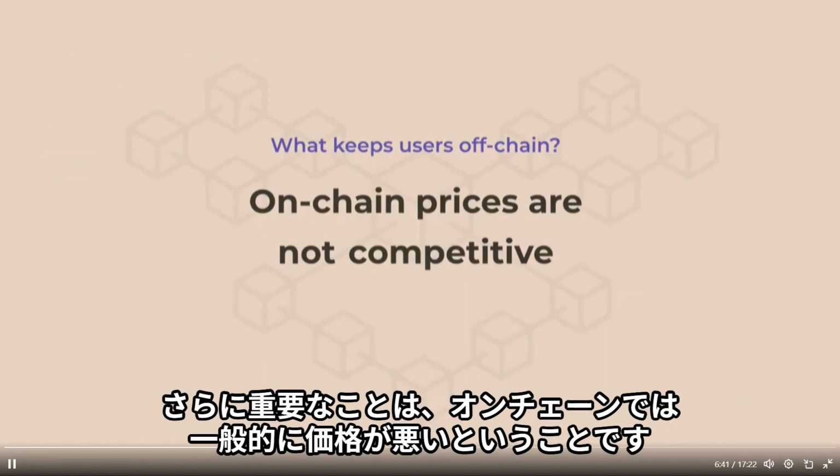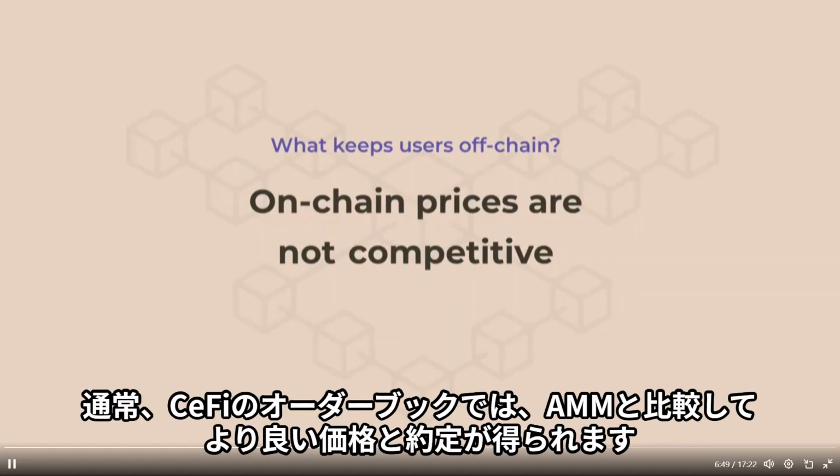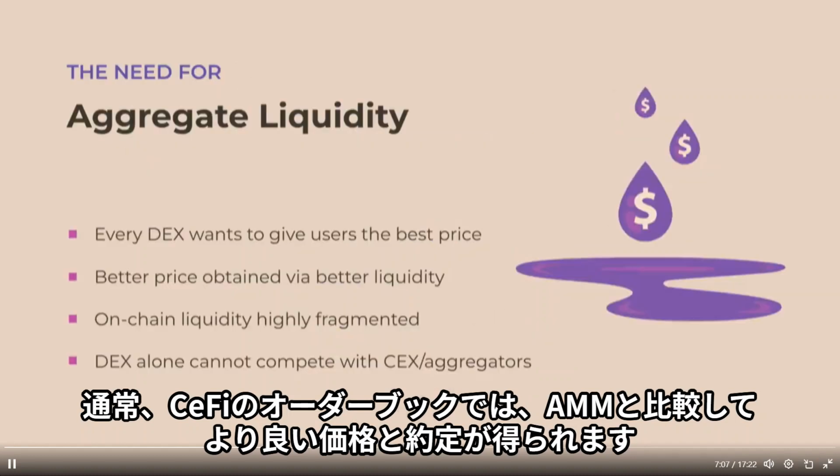And the other thing, I think even more material than just UX, is that prices are generally worse on-chain. We've discussed that some products are first listed on DeFi and then get to CeFi, but once projects are on both DeFi and CeFi, usually you would get a better price and better execution on CeFi order-book-based exchanges as compared to AMMs. And on-chain prices are not competitive.